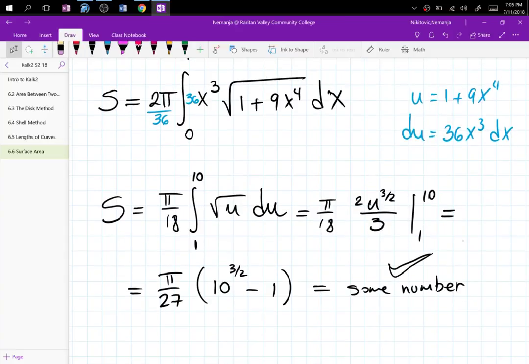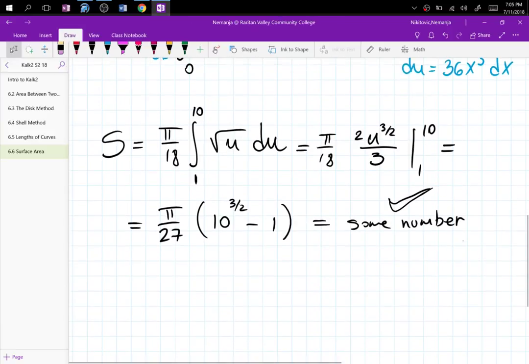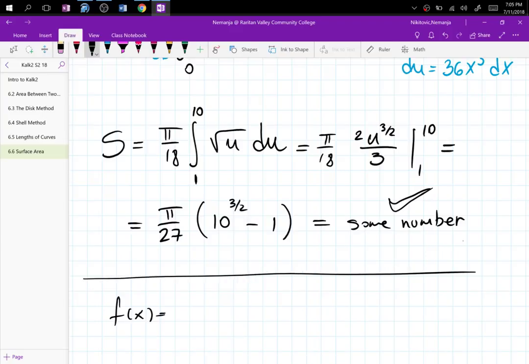So that's one of the basic cases, and then you have the spicier cases where you have, let's say, like question 14, where your function f of x is given as the square root of 5x minus x squared on 1 to 4.